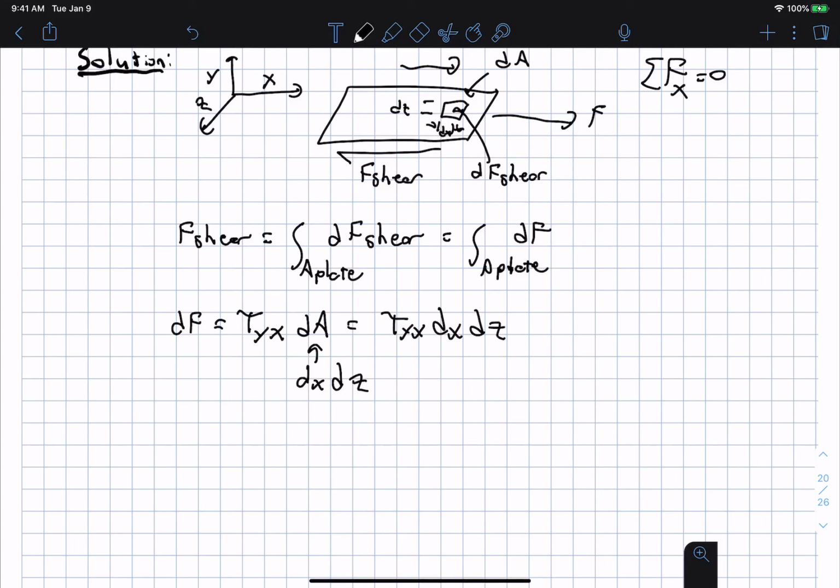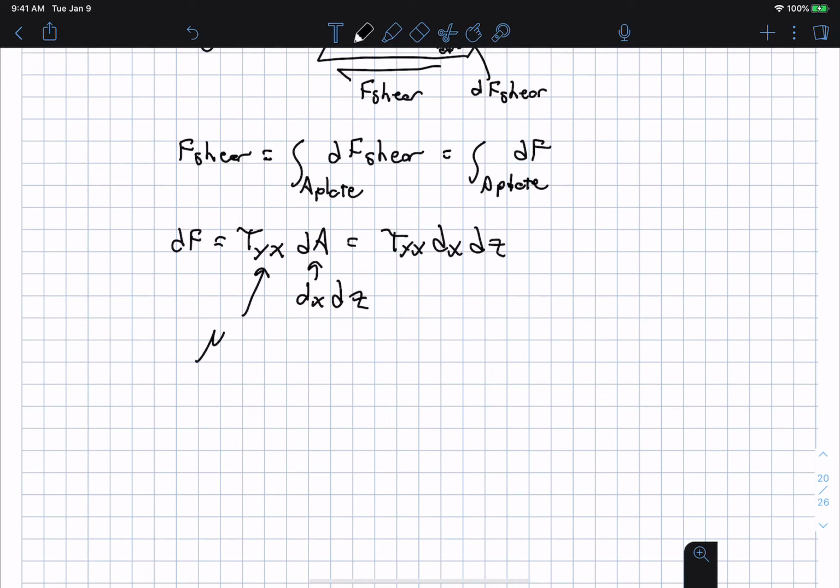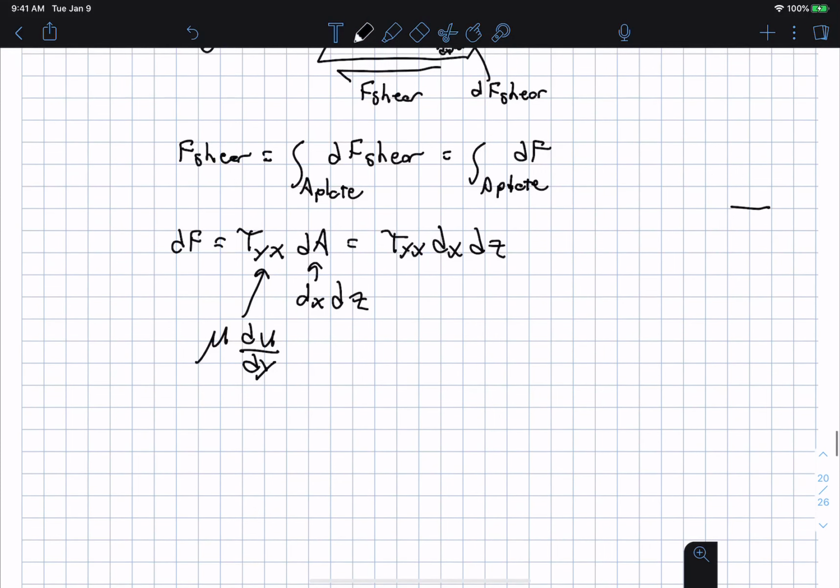Well, how do we find the shear stress? We know from the above discussion that shear stress is just the viscosity times the velocity gradient. So now how do we find the velocity gradient? Let's take note of what the instructions said. We have a top plate over here, and that's moving at 0.5 meters per second.